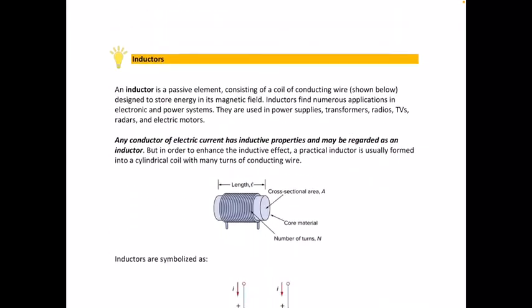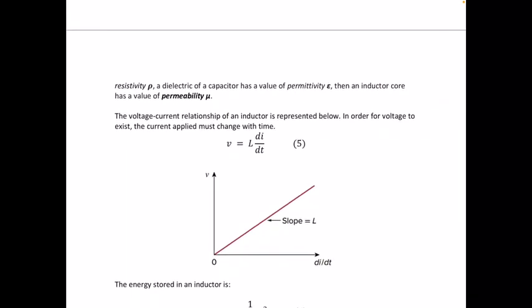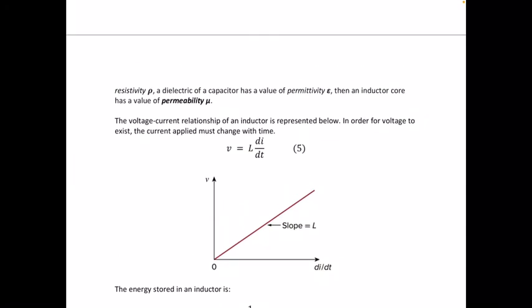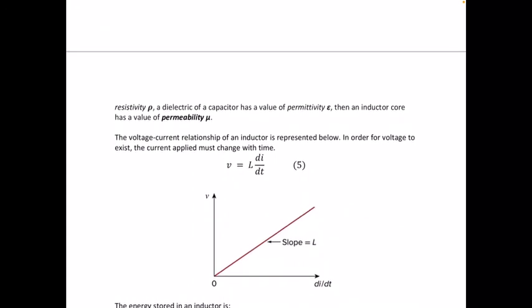The reverse is true for inductors. In order for voltage then to exist, the current applied must change with time. And again, a current that changes with time is found in alternating currents or AC, but not in DC.